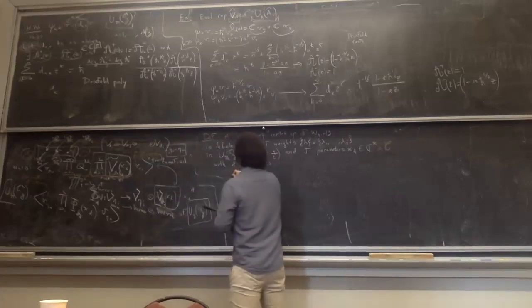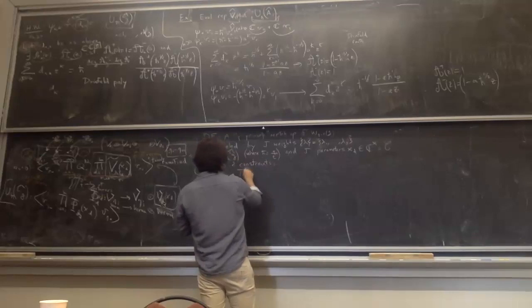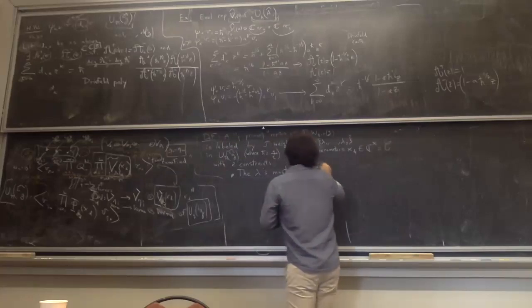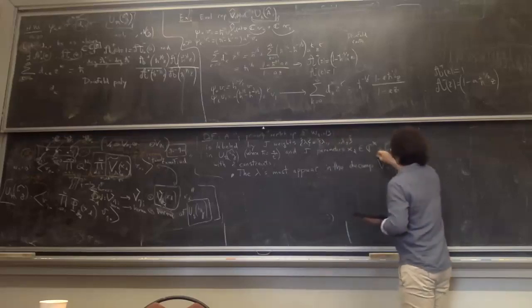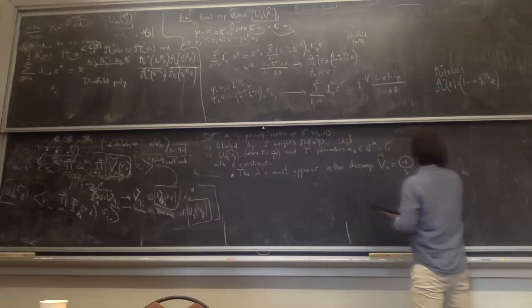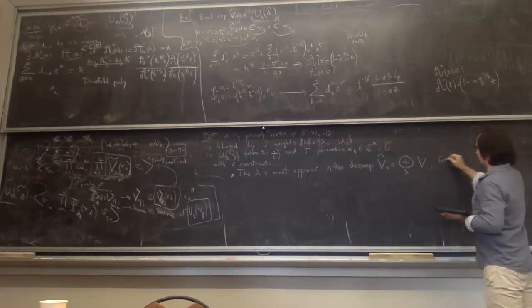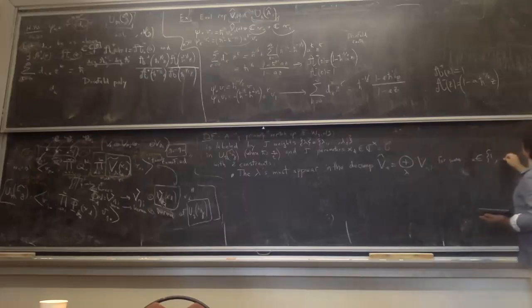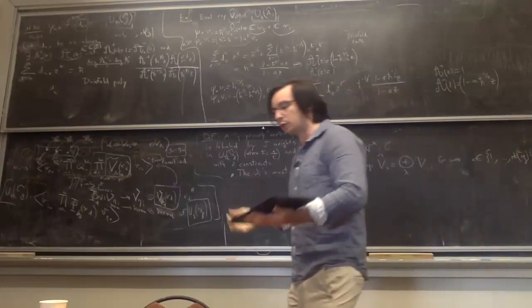They're not just any weights. The lambdas must appear in the decomposition V_A equals some sum of V_A lambda, for some A. So this is saying that the weights must be found inside fundamental representations, not more general ones.